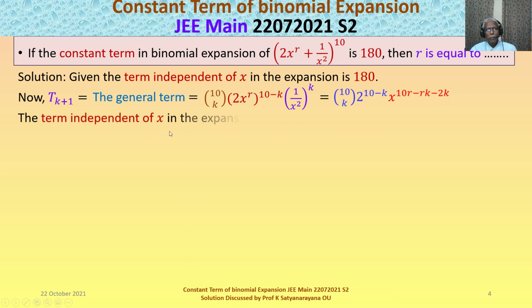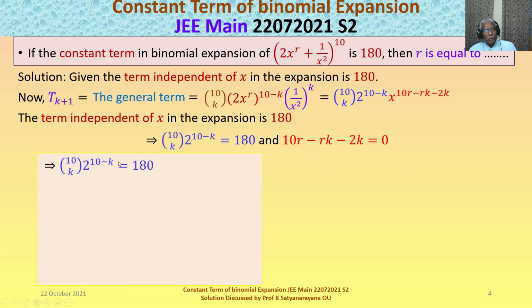The term independent of x in the expansion is given to be 180. That means the power of x must be 0 and the coefficient is 180. So that will imply 10Ck 2^(10-k), that is the coefficient, is 180. The power 10r - rk - 2k is equal to 0.